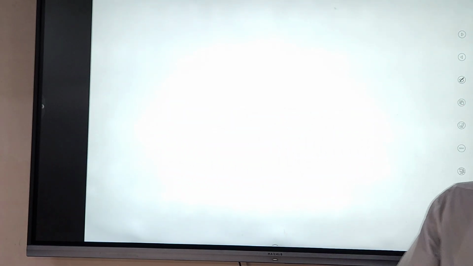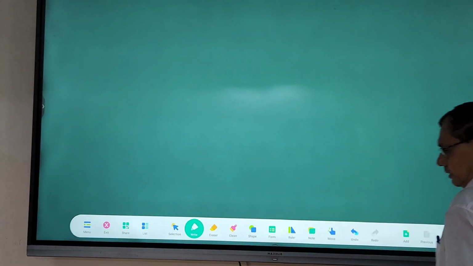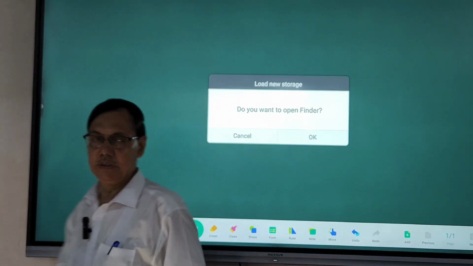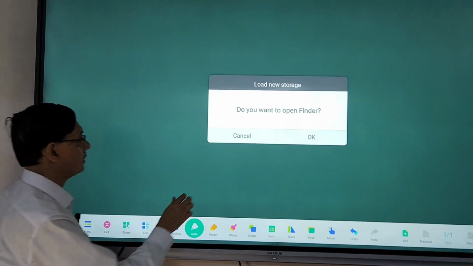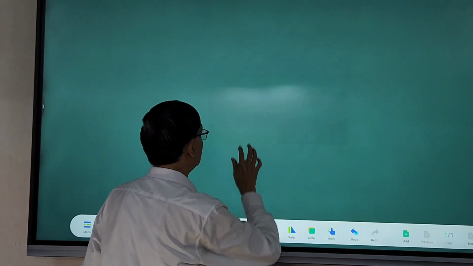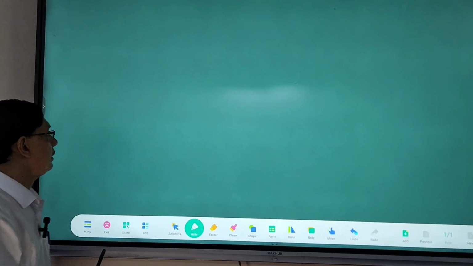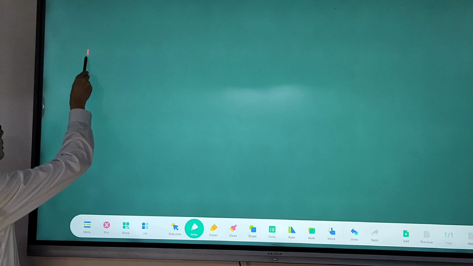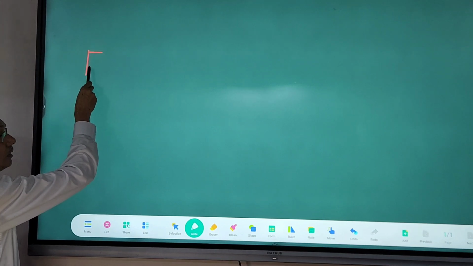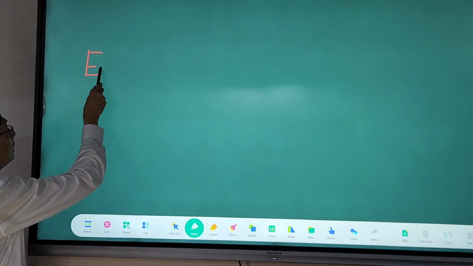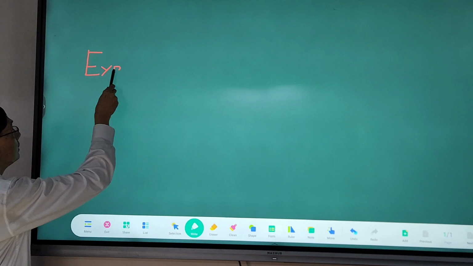So let me start with a very simple derivation. First is the Eyring plot.